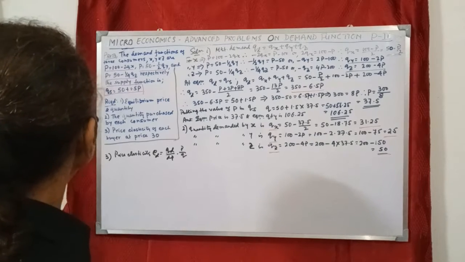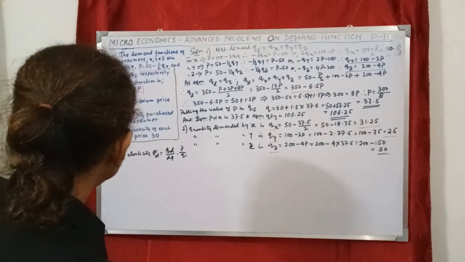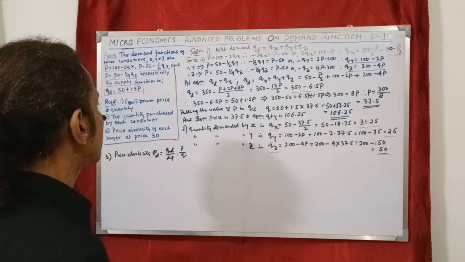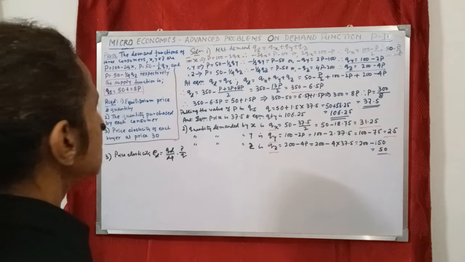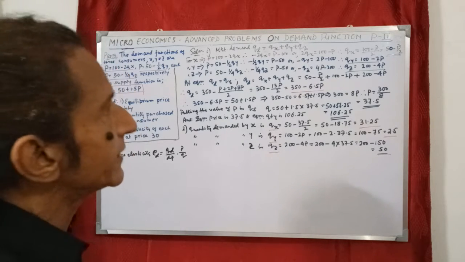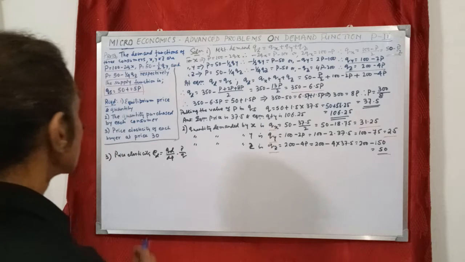Now we have to find out the price elasticity of each buyer at price 30. Let us see what is the quantity demanded at price 30 by individual buyers.